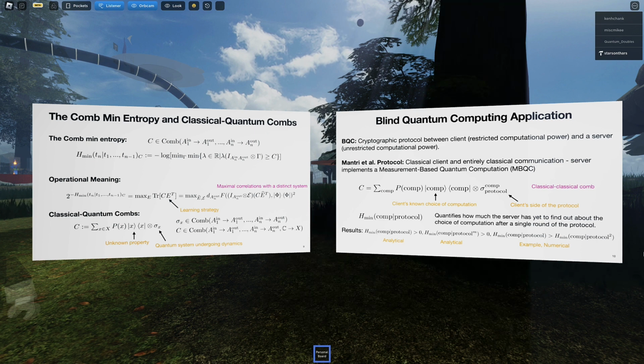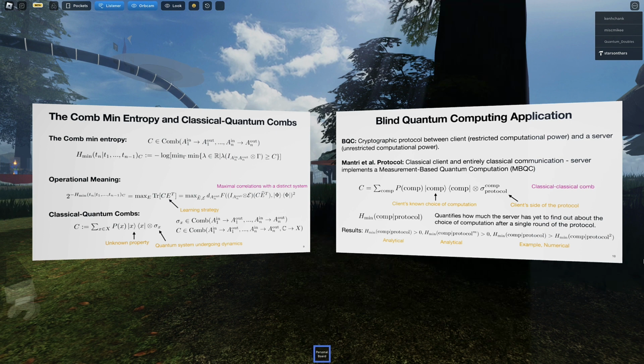It also stays greater than 0 if we repeat the protocol a number of times. And we have also been able to show through an example that the min entropy does change between number of rounds of this protocol, which is not something that had been shown before. And also the existing results of security for this protocol were only restricted to the single round case.